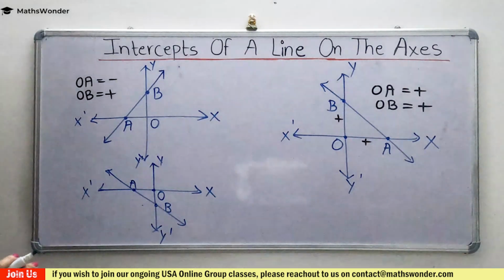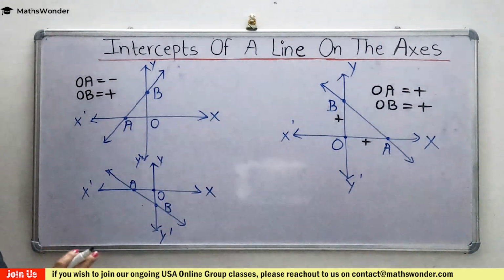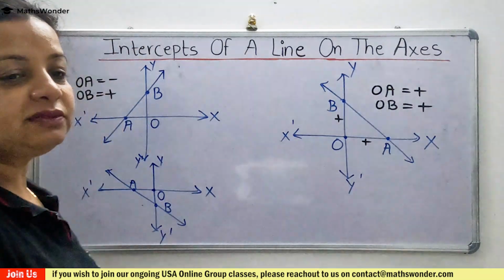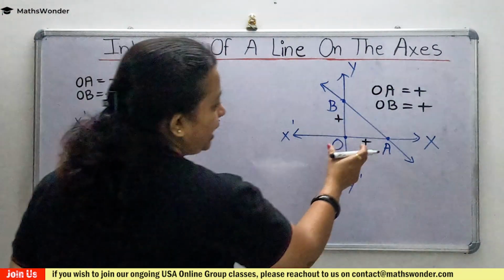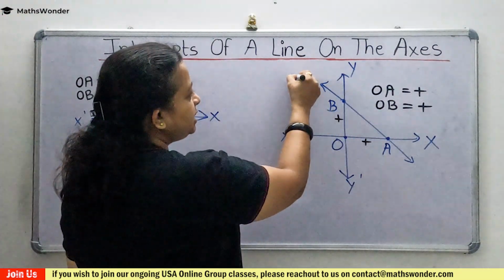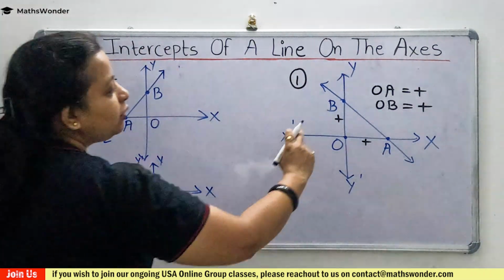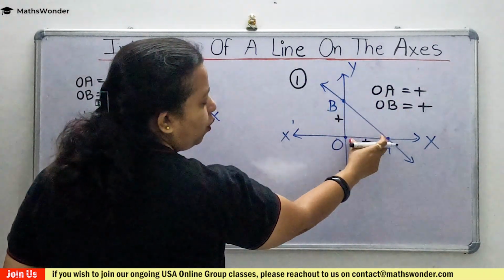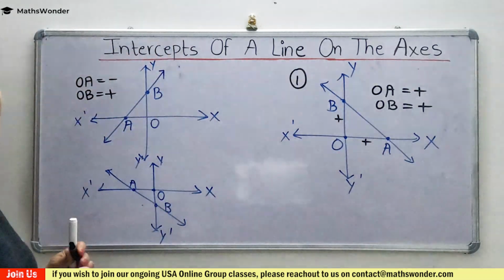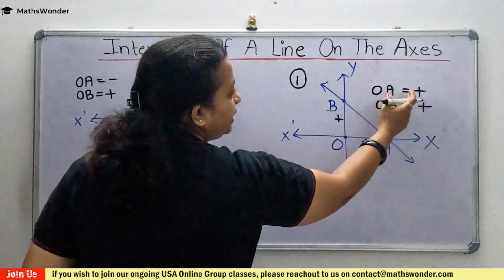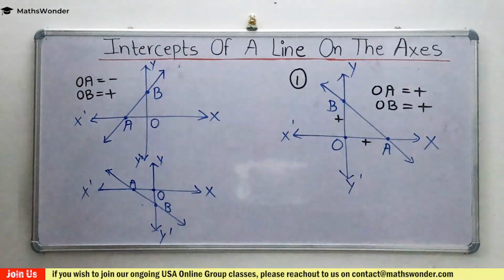Now understand with the 4 diagrams: if OA and OB change position, how will the sign change? OA is positive, this is the first condition as we have discussed in the diagram, and OB is also positive. So OA and OB intersect at the x-axis and y-axis respectively, so both give positive intercepts.